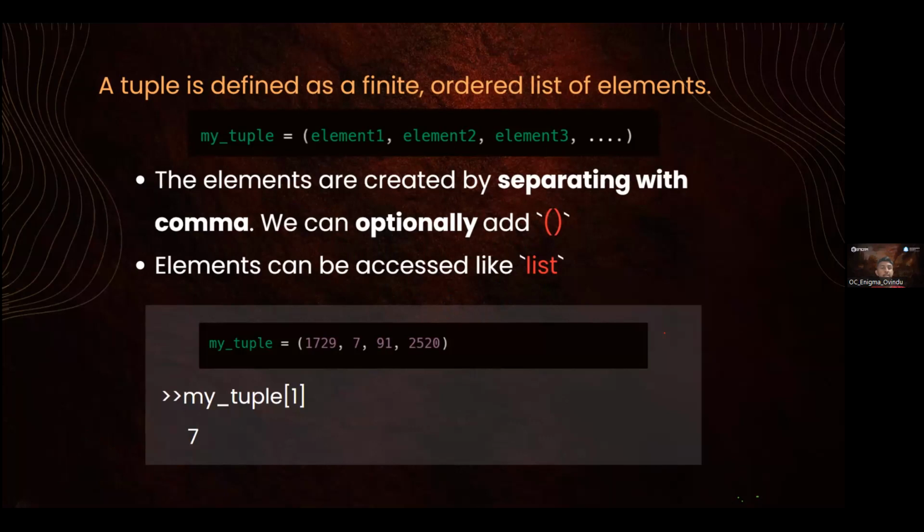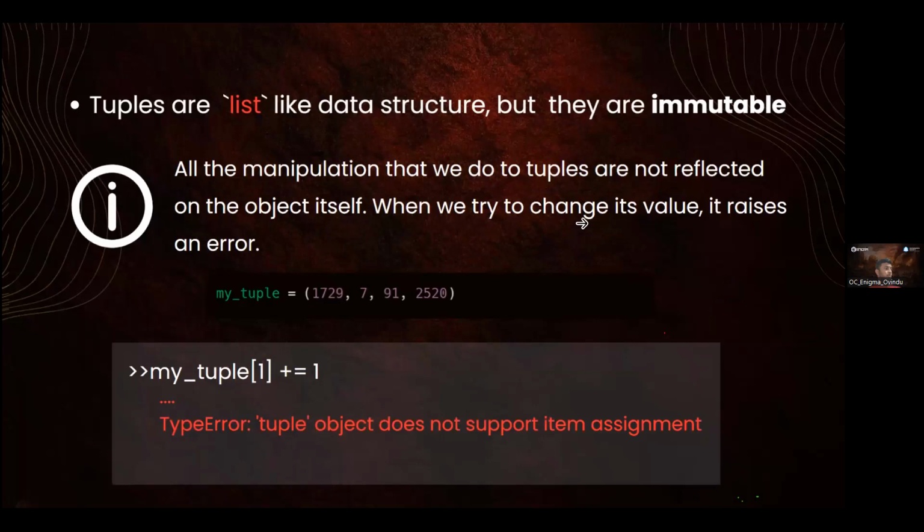So you can see that a tuple can be created by separating with a comma, and they can be accessed very similar to lists. This slide mentions that tuples are list-like data structures, but they are immutable.